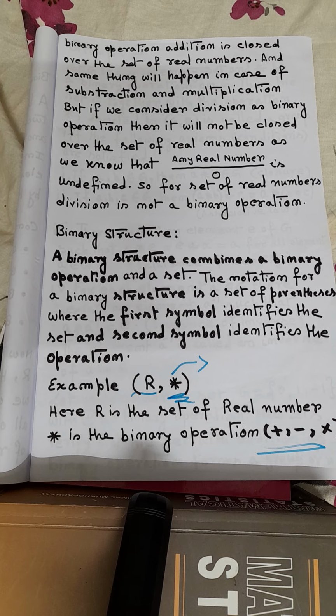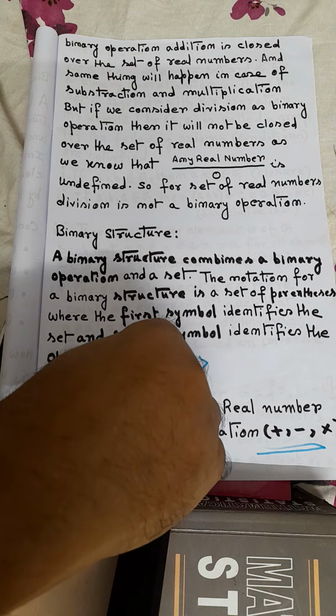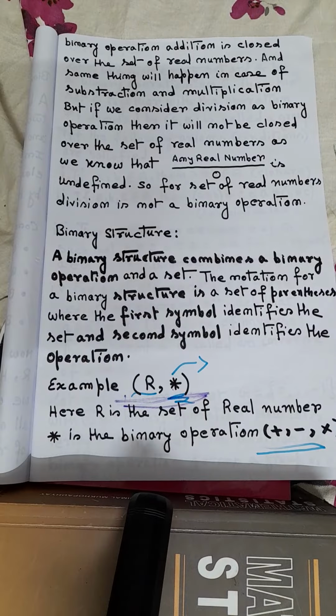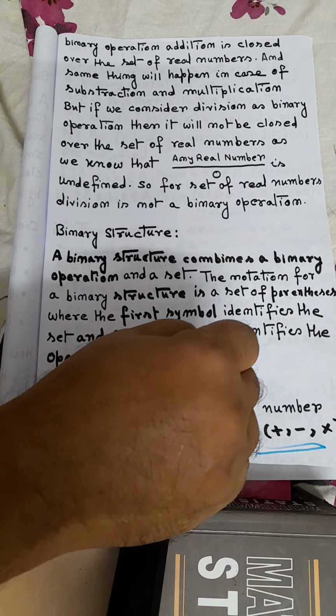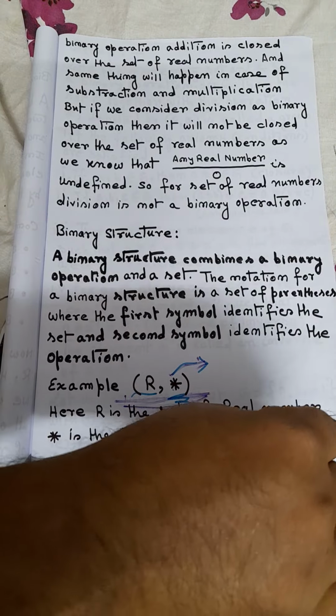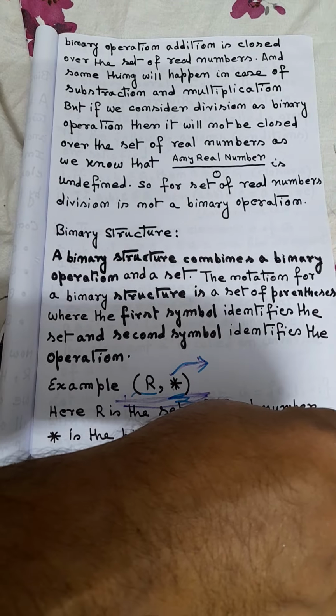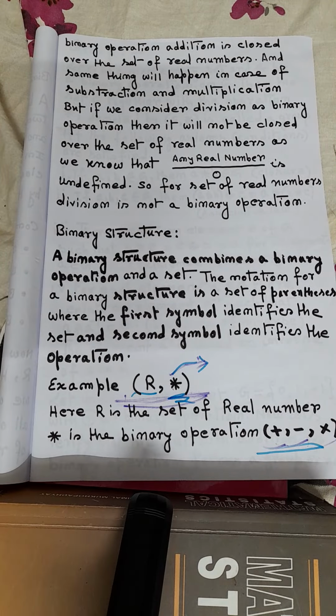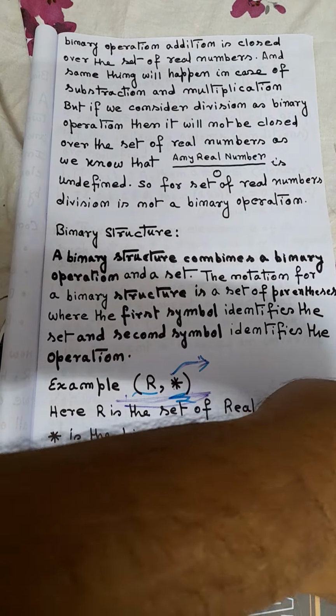So for the set of real numbers, we can write (R, *), where the asterisk is the binary operation. The asterisk can be addition, subtraction, or multiplication, but never division, correct? So the value of the asterisk can be addition, multiplication, or subtraction.